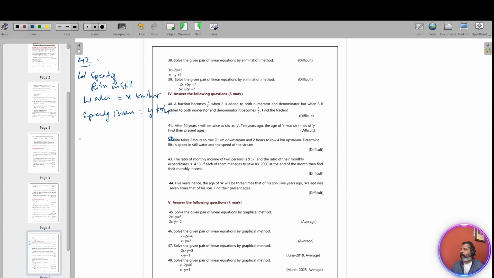Now you have to first find the upstream speed and downstream speed. Ritu's upstream speed is x minus y kilometers per hour. I told you, boat speed minus stream speed, minus will come. Then the downstream speed is x plus y kilometers per hour.